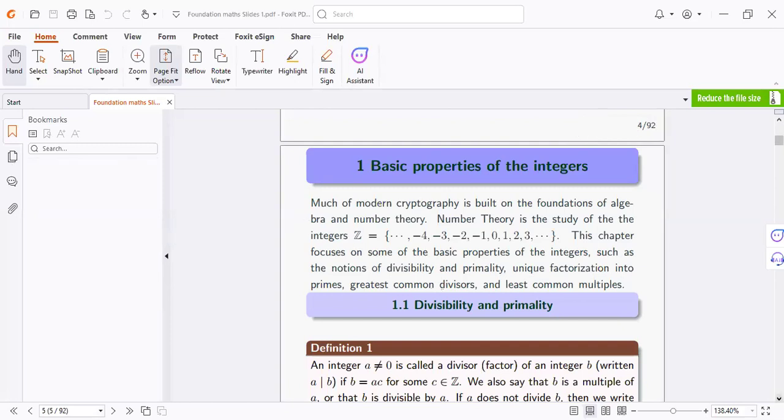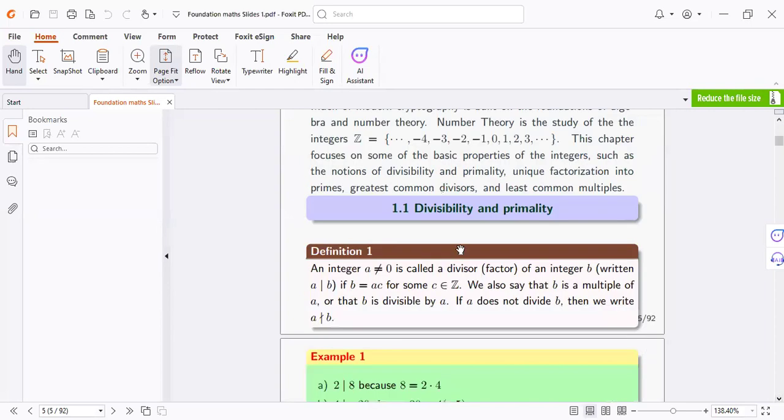For instance, if I was to say that 4 divides 8, what do I mean?